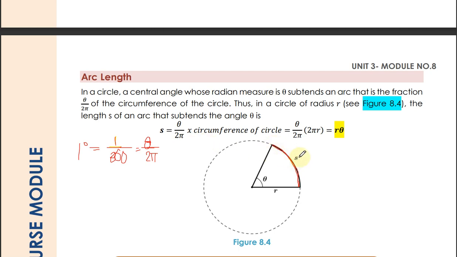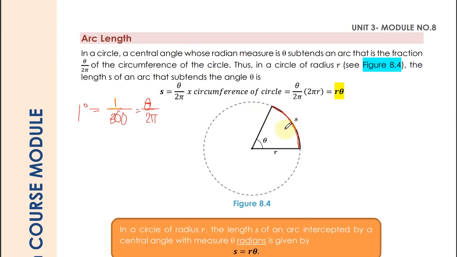So that is the arc length. So again, the arc length S is equal to the fraction of the angle, given an angle over 2 pi, multiplied by the circumference of the circle, which is equal to 2 pi r.